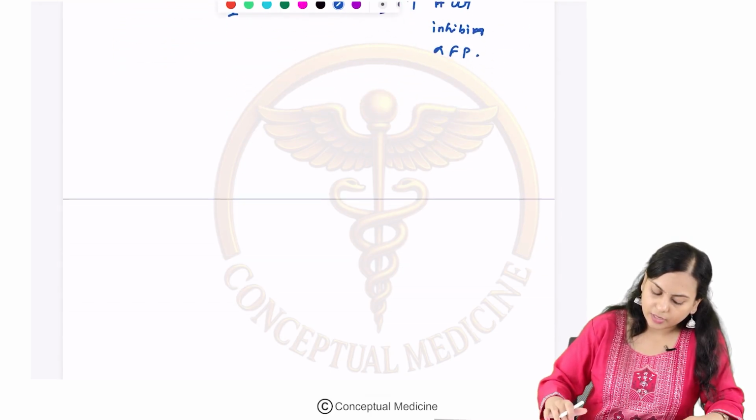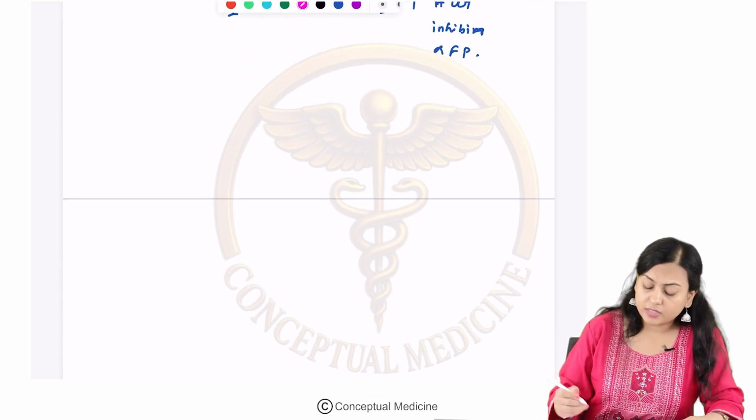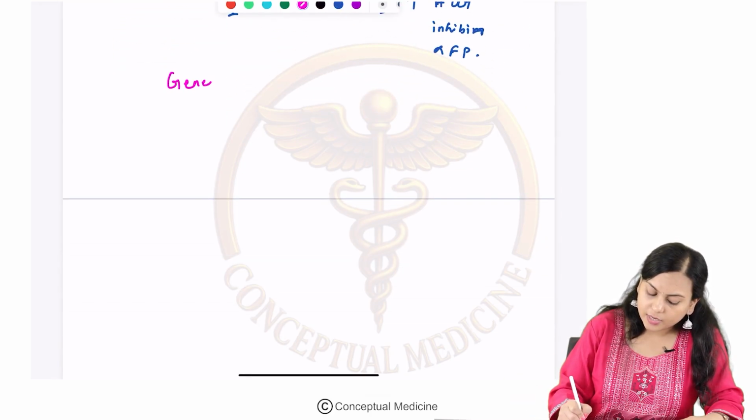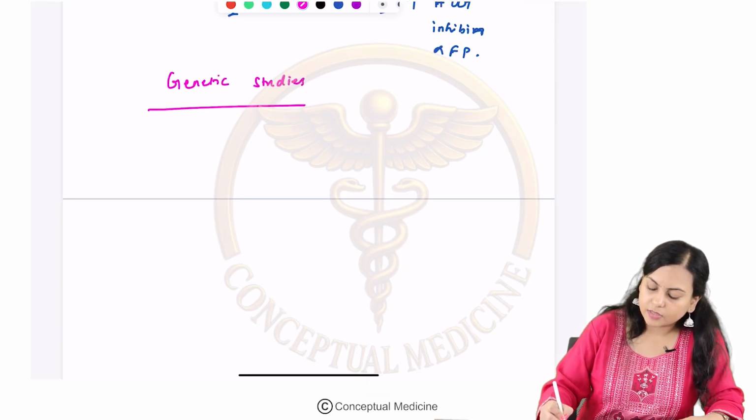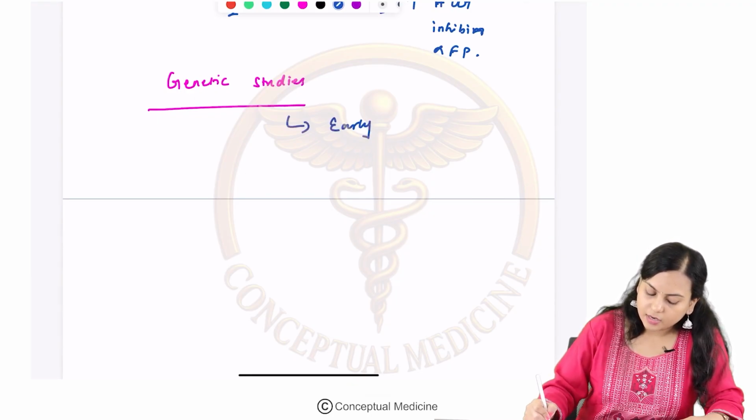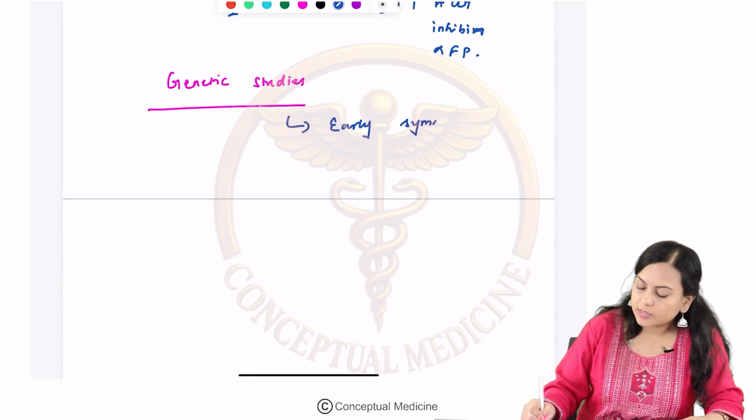Clear? And in some cases you may even need genetic studies, like when there is an early symmetrical IUGR.